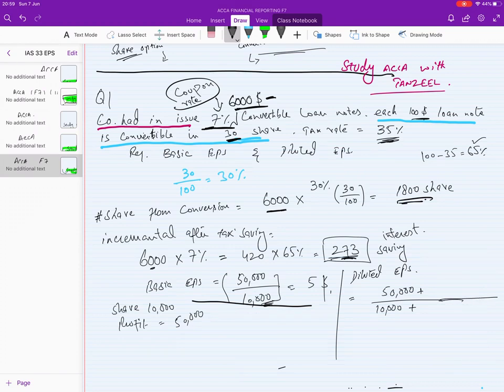Now you saved your interest, 273 is your interest saving, and these are the number of shares, put it here. So 1,800, it means after conversion you will issue 1,800 more shares. If you calculate this, your diluted EPS is $4.26.